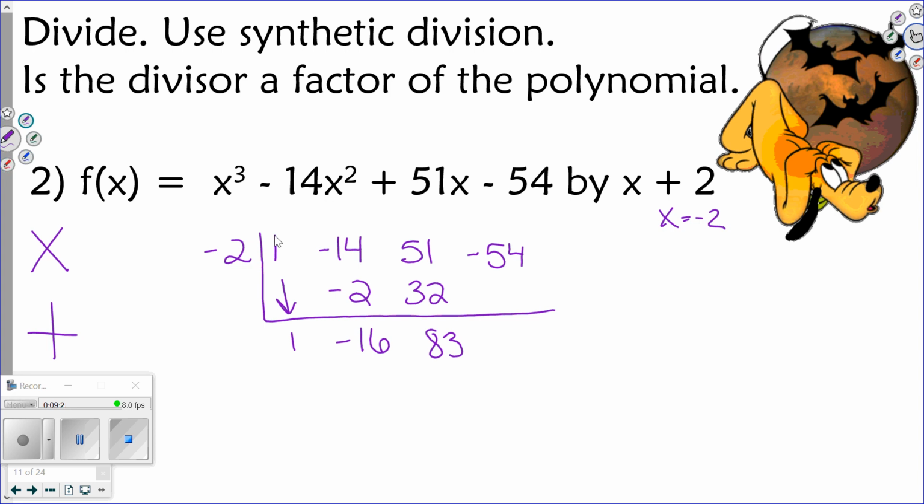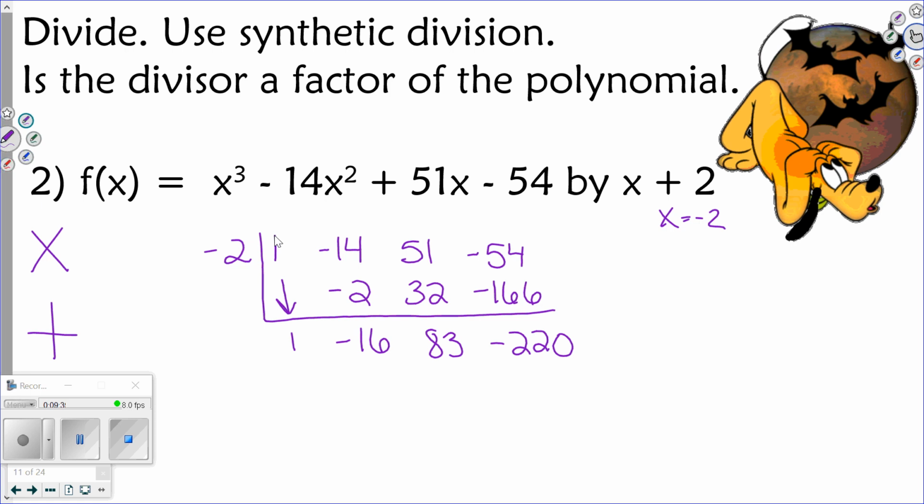Good. Multiply here. Gives me negative 166. Negative 220. So should I panic that my remainder is so big? No, I shouldn't panic. It happens.